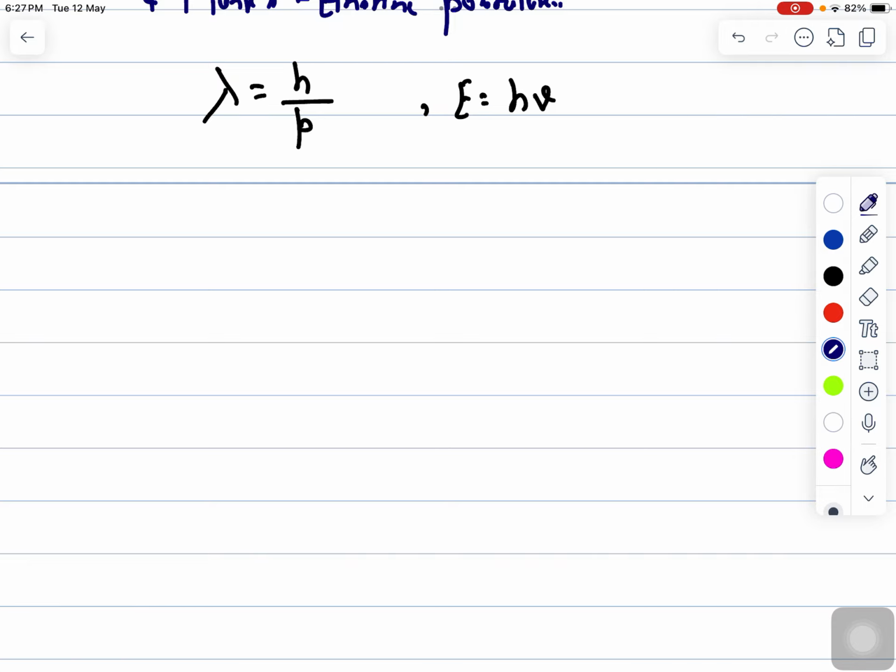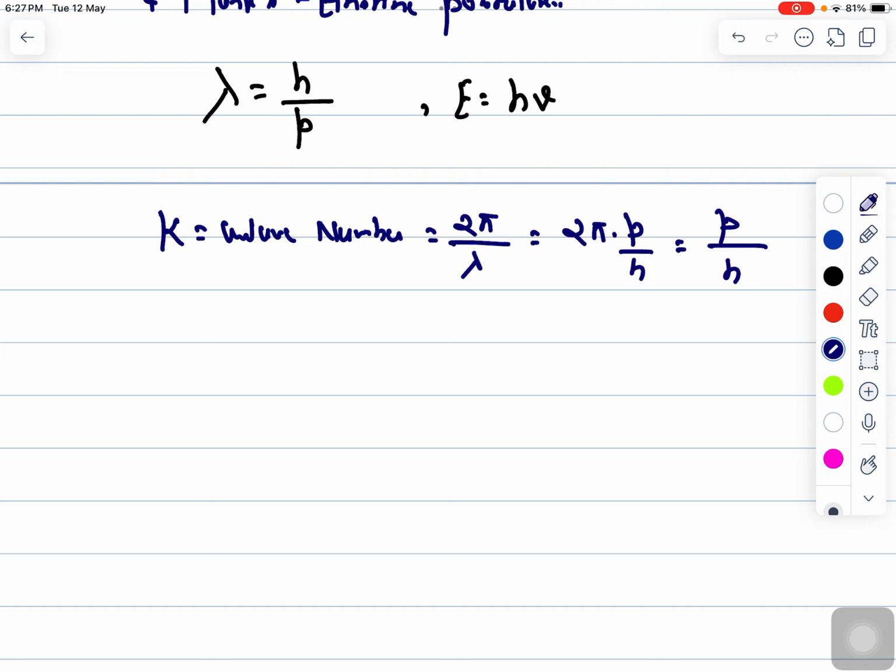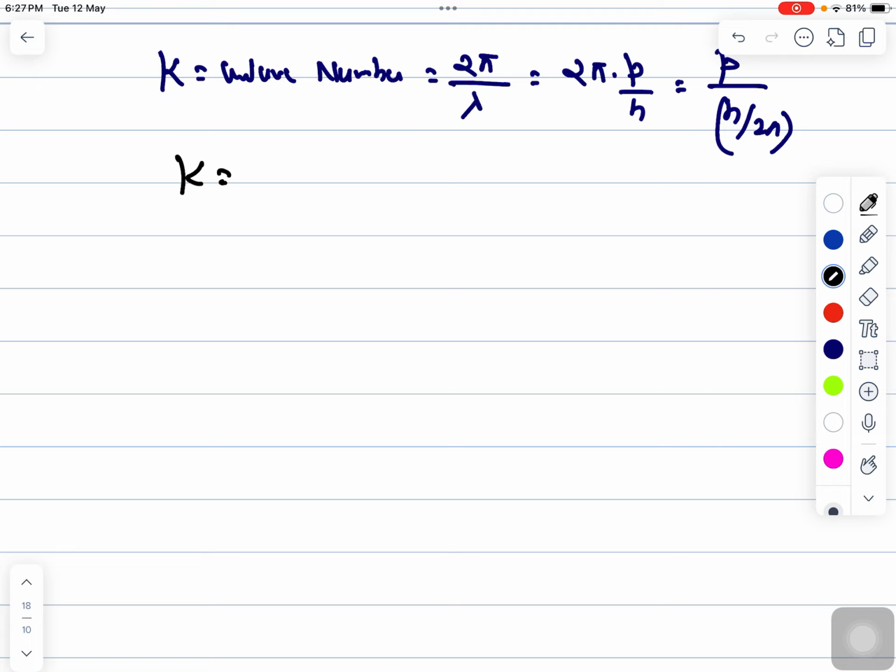Then we define a parameter k, called the wave number, equal to 2 pi divided by lambda, which is 2 pi p divided by h. So p equals h-cut k, where h-cut is h divided by 2 pi and p is the linear momentum.